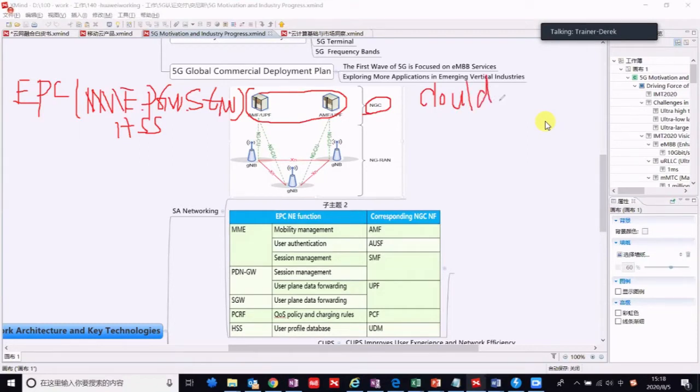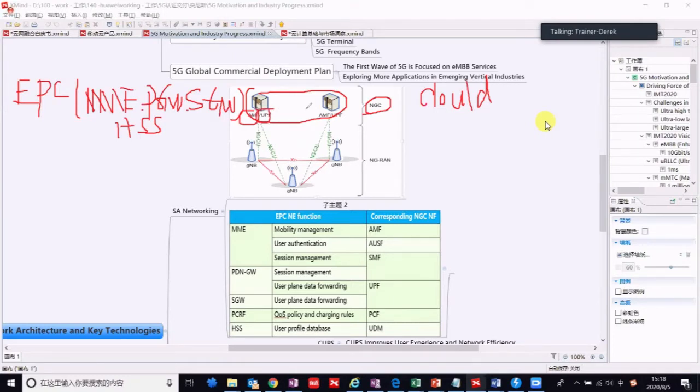All the network elements are converted into functions, based on the IT infrastructure, and all the functions are deployed on servers. AMF means access and mobility function. This is used for the control plane, and the UPF means user plane function.